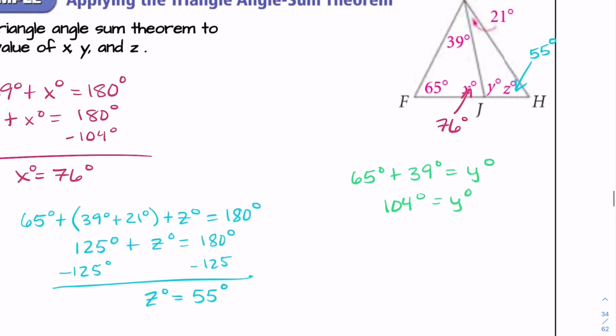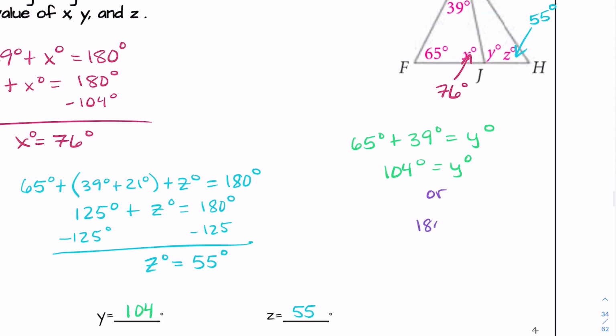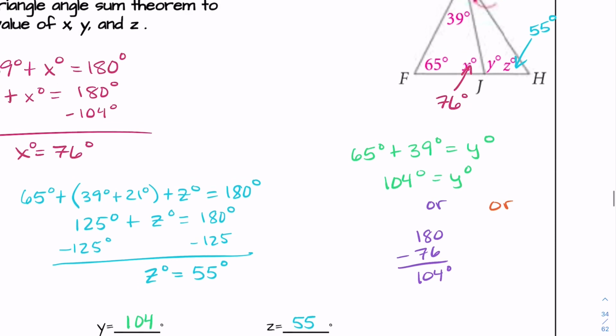Well, I could have said, you know what, 180 take away 76 is 104, because it's a straight line, and so they have to be supplementary. So that's another method.